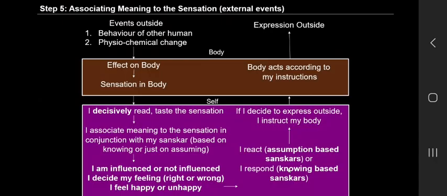Now, based on knowing, I am not getting affected by those words. I am trying to see his state of being with the help of those words. The words are the same, but this time I am trying to see his state of being.